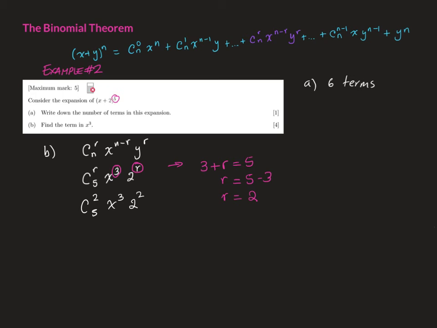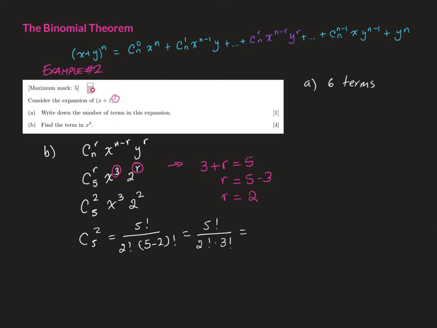Now let's calculate what the coefficient C(5,2) is. We could use Pascal's triangle, but we're going to use the general definition. So C(5,2) is 5 factorial divided by 2 factorial times (5 minus 2) factorial. That is 5 factorial divided by 2 factorial times 3 factorial.